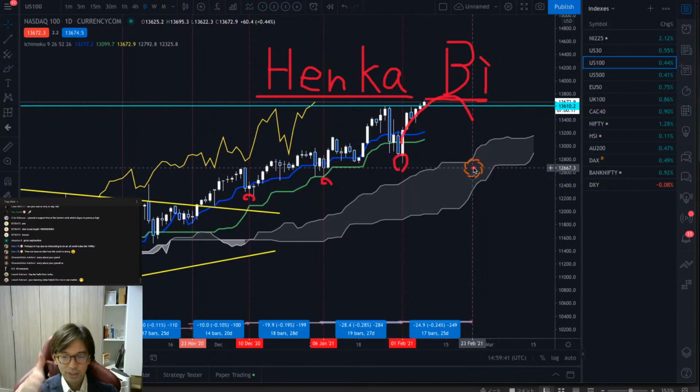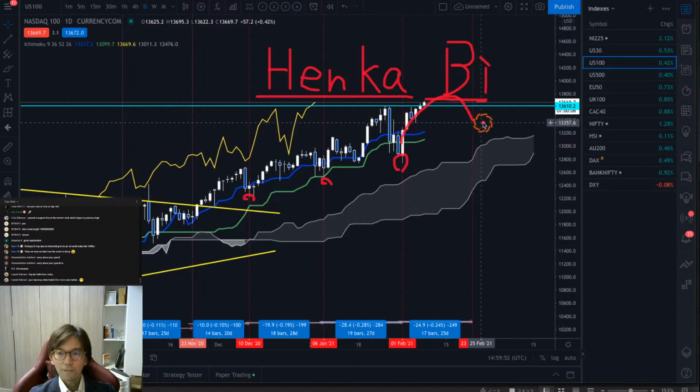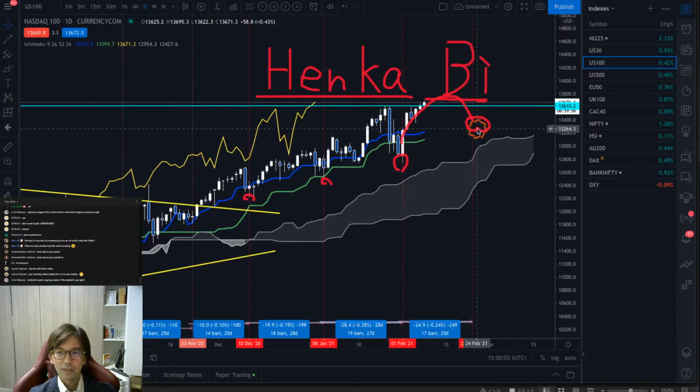You can mark this vertical line on your chart also, and see if this day, 23rd or 24th or 25th, 17, 18 or 19 bars from 1st of February, might become henkabi. So you can put the vertical lines around these dates and see what's happening in the market in the future, which is also interesting to see.